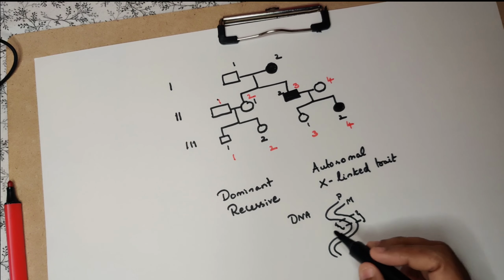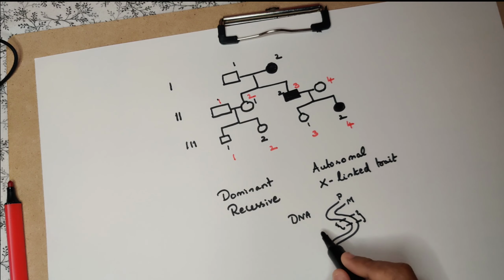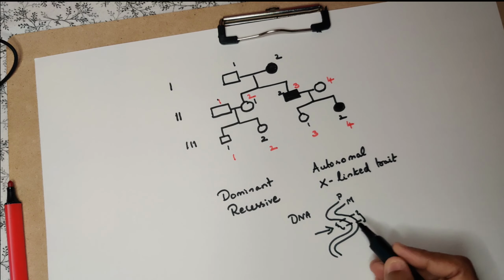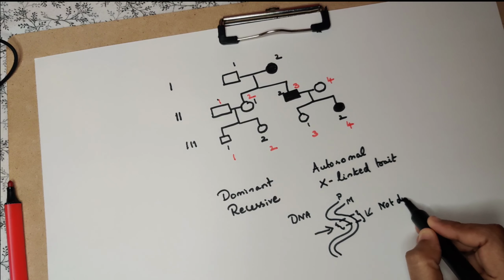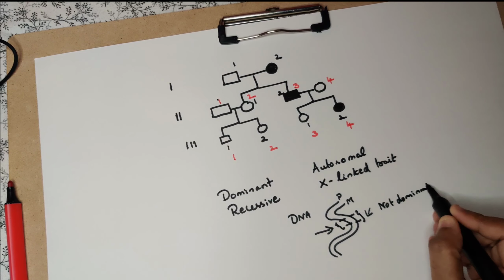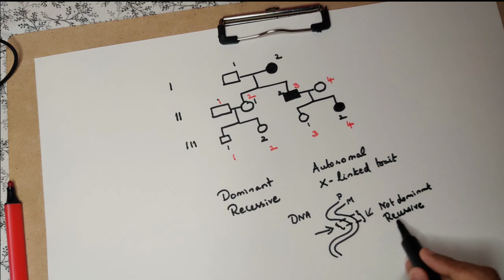So now, when I say that this particular trait is present and it is said to be dominant, that means this particular gene is dominant and this particular gene is not dominant. When I say it is not dominant, that means that it is recessive. This gene alone cannot produce the disease.